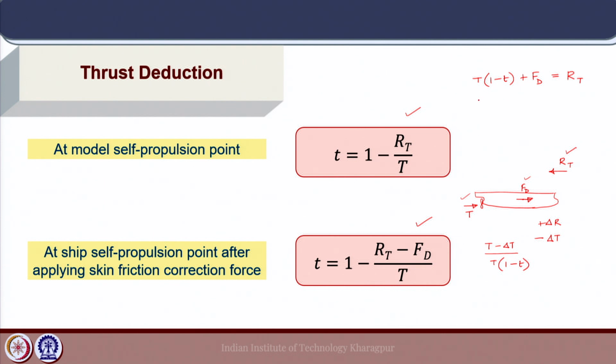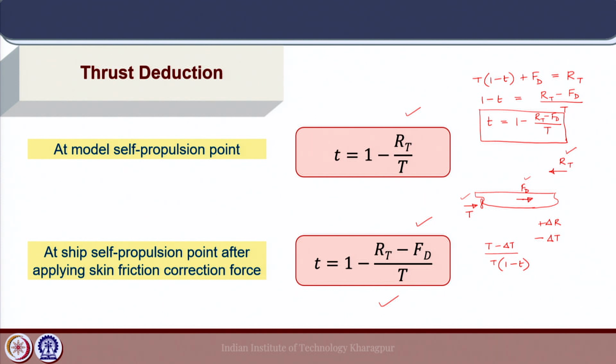So, this gives 1 minus t equal to RT minus Fd by t, which gives t equal to 1 minus RT by Ft, which is this equation.